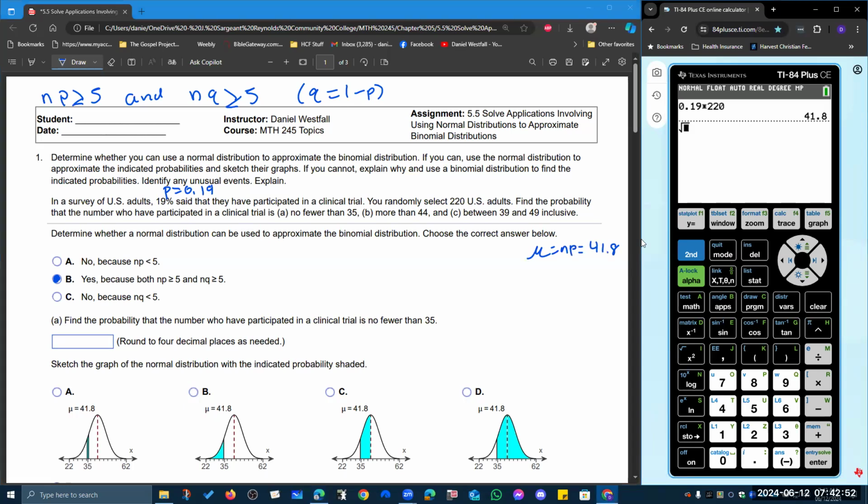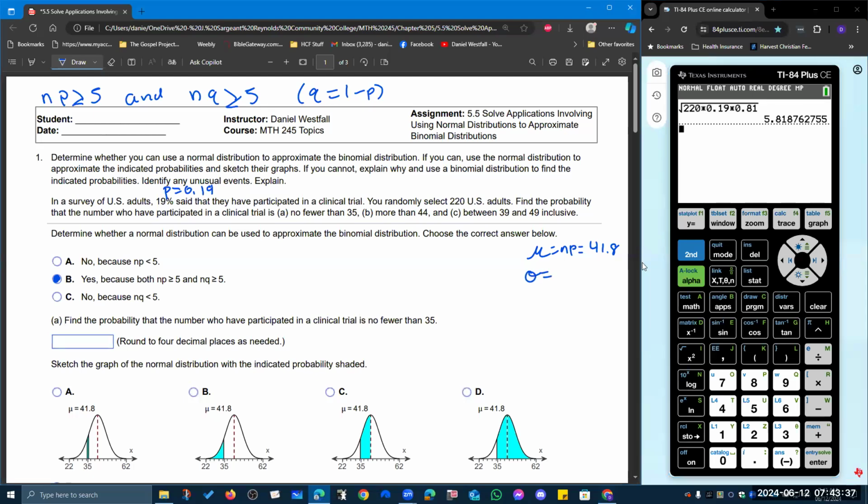And our standard deviation is the square root of n times p times q, which is 220 times 0.19 times 0.81.